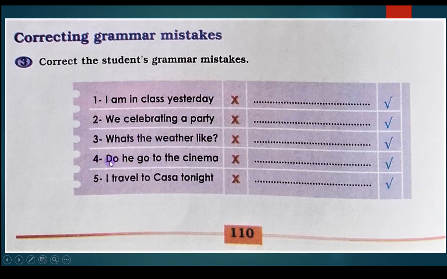4. Do he go to the cinema? Where is the mistake, my dear students? The mistake is the auxiliary do. الخطأ هو l'auxiliaire do.